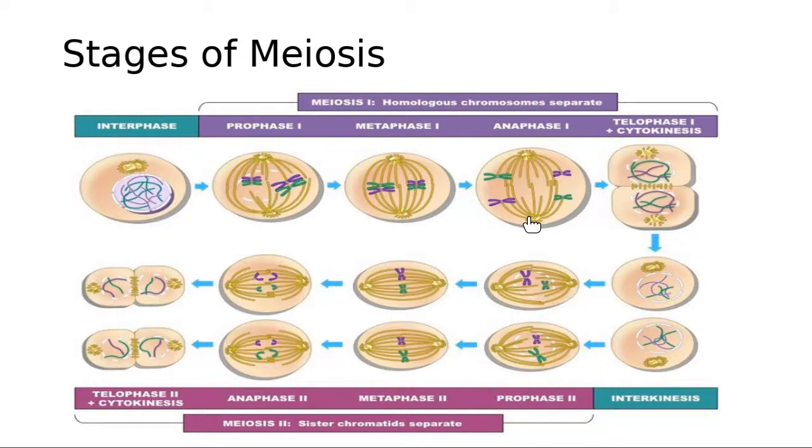And then we go through telophase and cytokinesis, which kind of looks the same. So meiosis 1 really is where the big difference is between meiosis and mitosis as far as stages go. Because if you look at meiosis 2, it's really similar to the process of mitosis because you don't have the homologous pairs and whatnot. So definitely practice these.